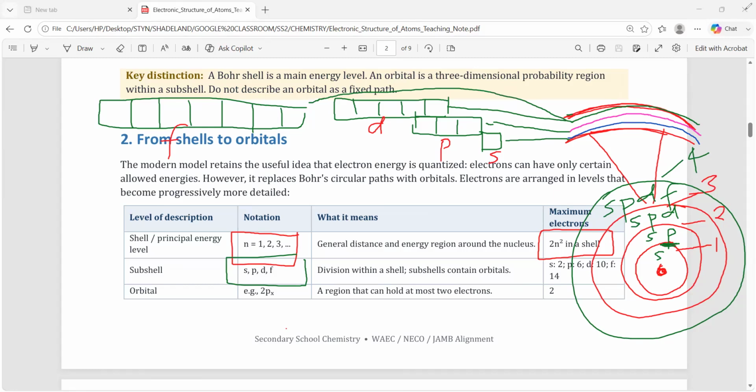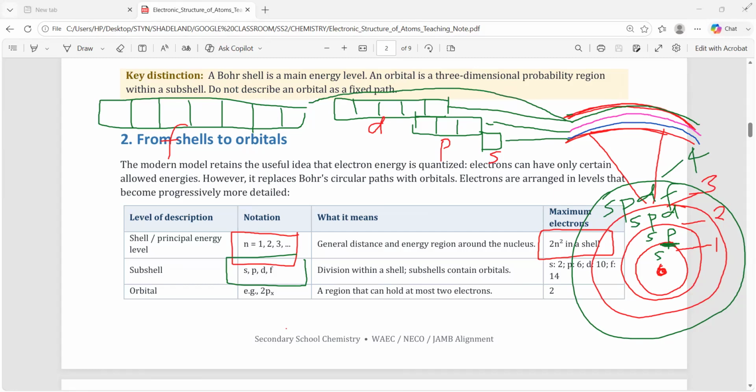We delved into each subshell to see how many orbitals are there. And we saw that the S has only 1 orbital. The P has 3 orbitals. The D has 5 orbitals, and the F has 7 orbitals.